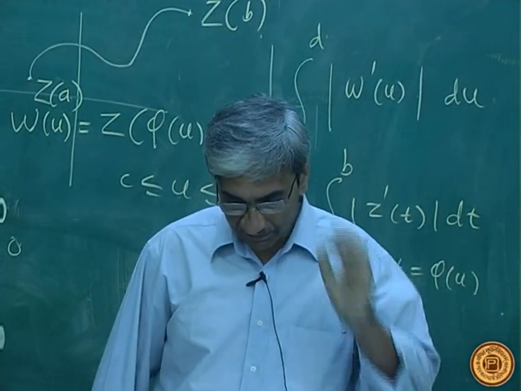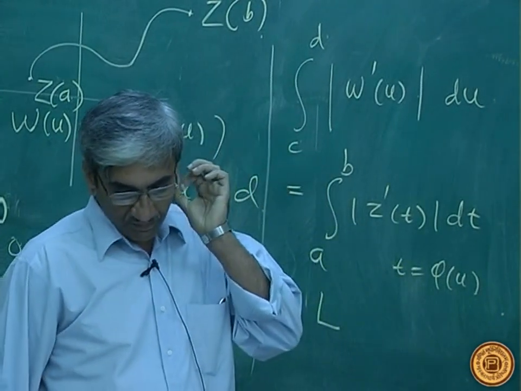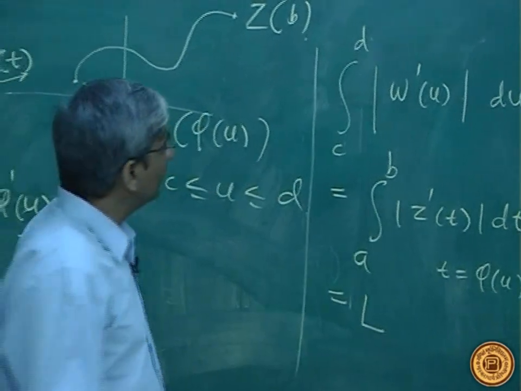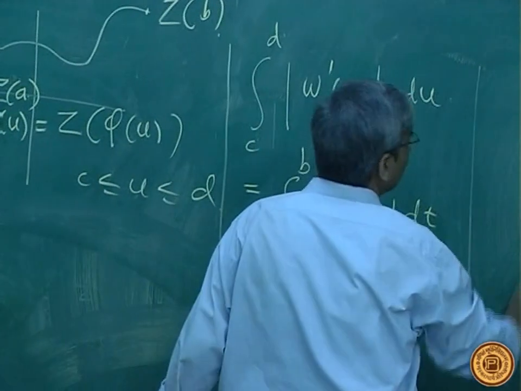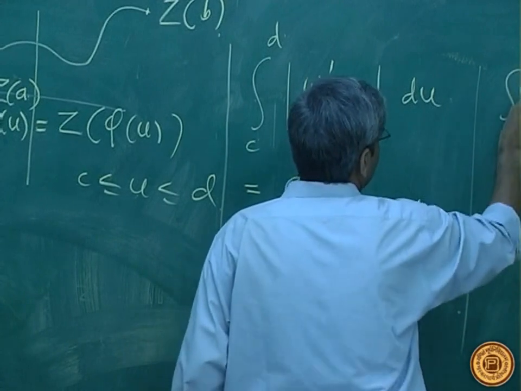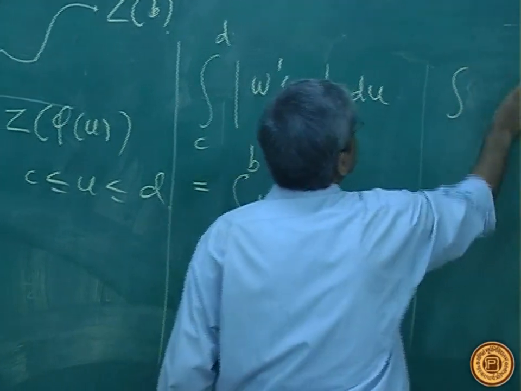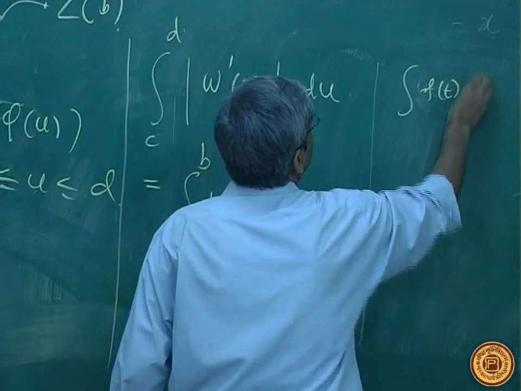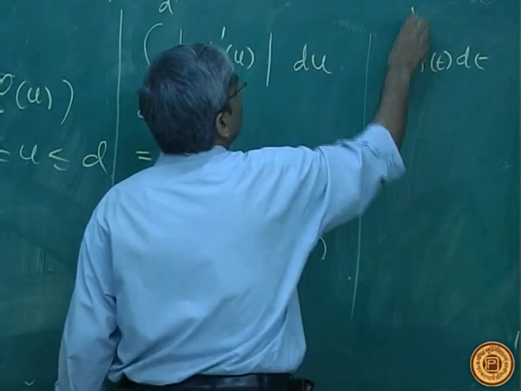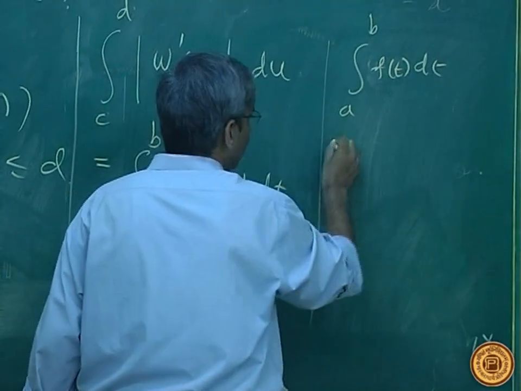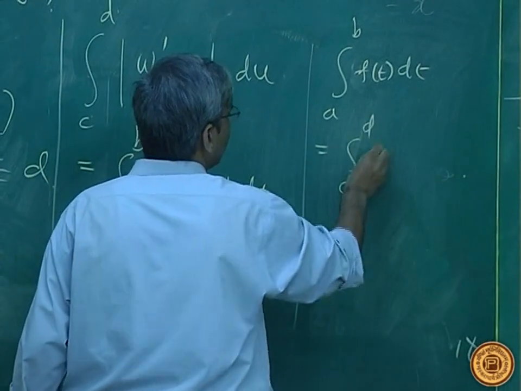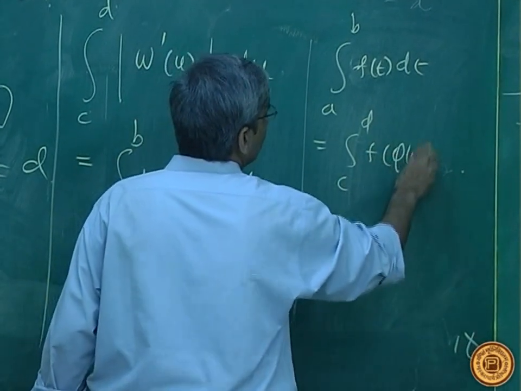And further, if there are two parameterizations, take the integral of a function, say let us write f t dt from a to b. If you take t equal to phi u, then it is the integral from c to d of f of phi u into phi dash u du.